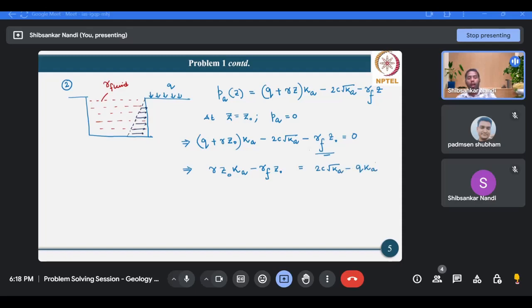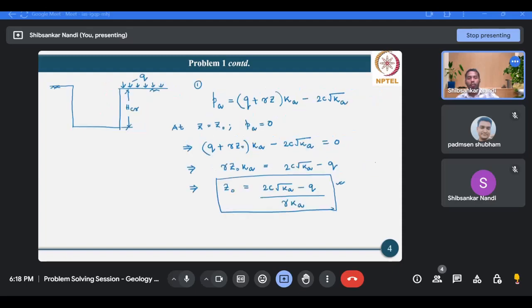I think I have made a mistake in this expression. So here Q times K will be on the right hand side.